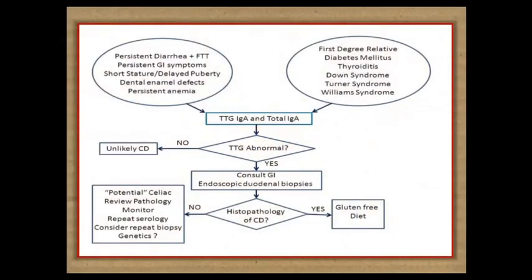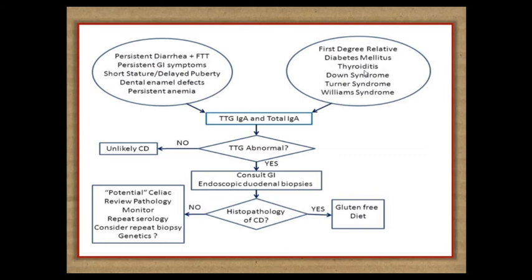Follow this pathway. If you have a patient with persistent diarrhea, failure to thrive, persistent GI symptoms, or short stature, delayed puberty, dental enamel defects and persistent anemia, they are the extra-intestinal manifestations. Or if you have a first degree relative with celiac disease, or your patient is diabetic or has thyroiditis, or has Down syndrome, Turner syndrome, or Williams syndrome.